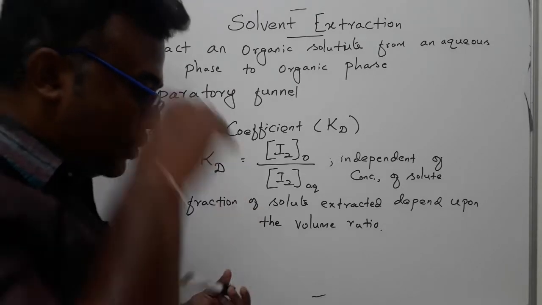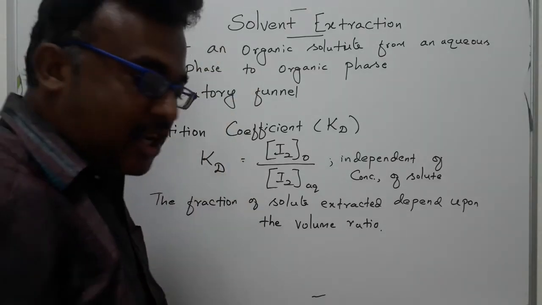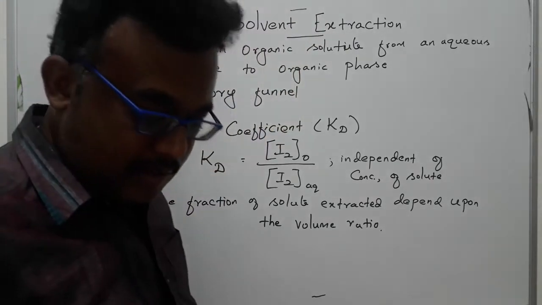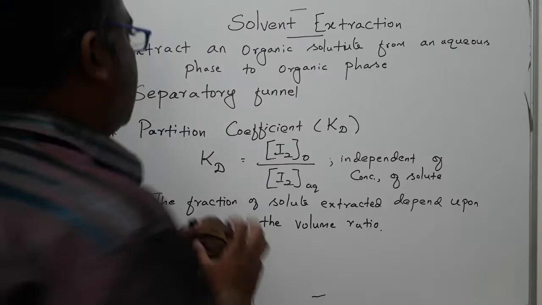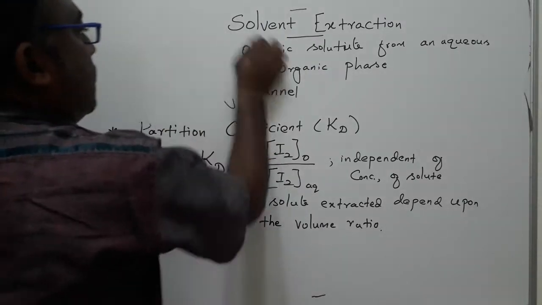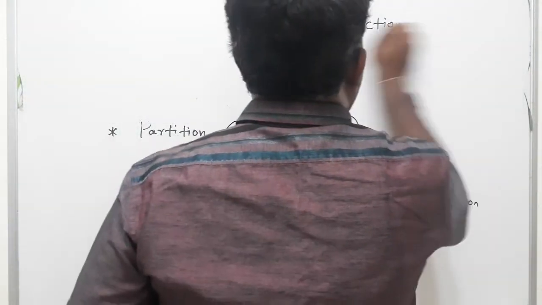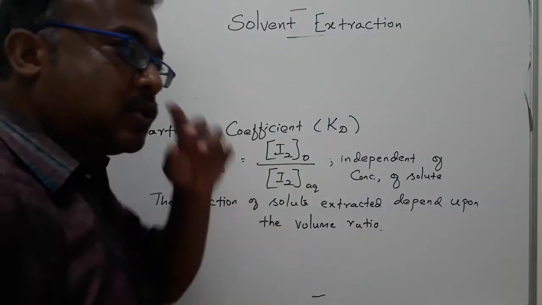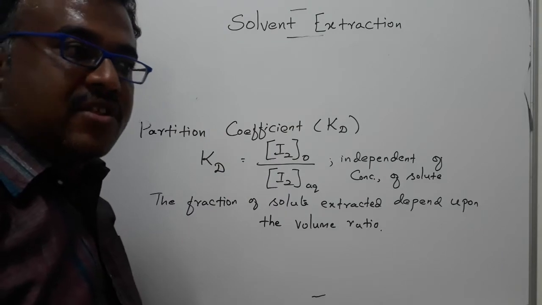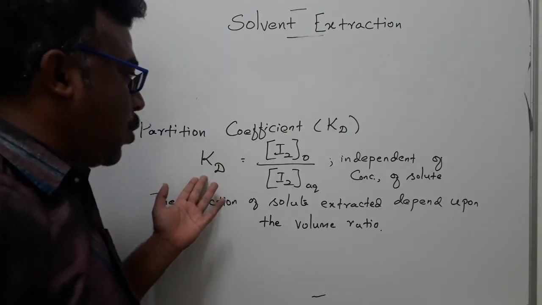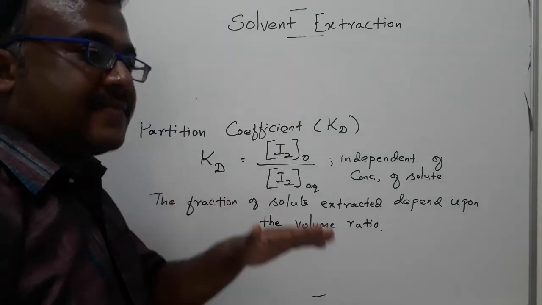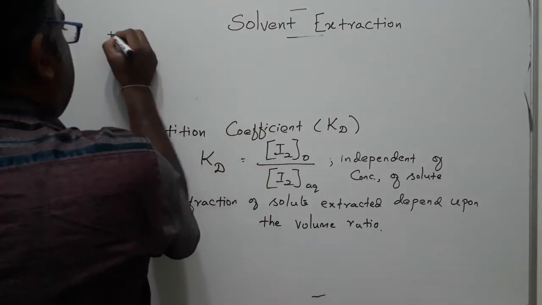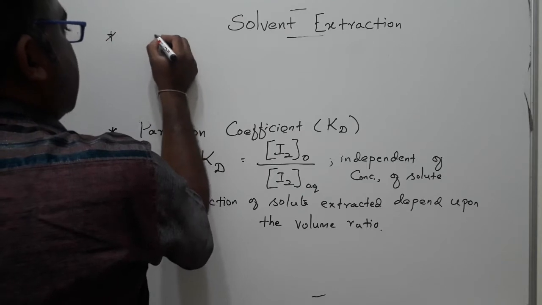And I would like to also tell about the distribution ratio. What is the meaning of distribution ratio? Usually, if the solute does not undergo any association or dissociation, then the partition coefficient or distribution coefficient as well as the distribution ratio will be the same. But take an example of benzoic acid.